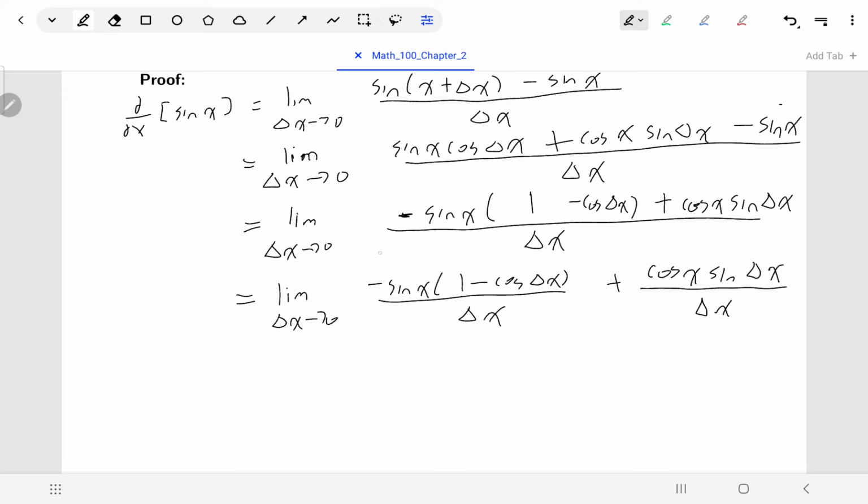The minus sine of x does not involve delta x at all, so it's essentially a constant, times the limit of 1 minus cos delta x over delta x. Similarly for the second fraction, cosine of x has no delta x, so I'll treat it as a constant, and I'll have cosine of x times the limit of what's left over.